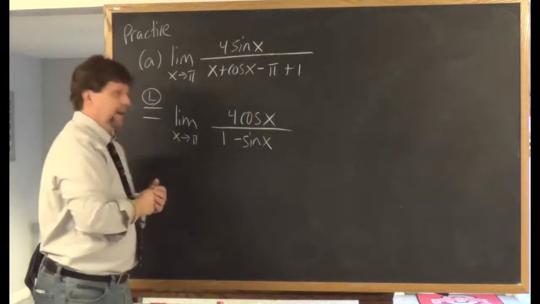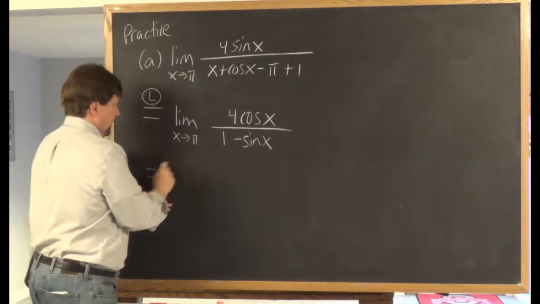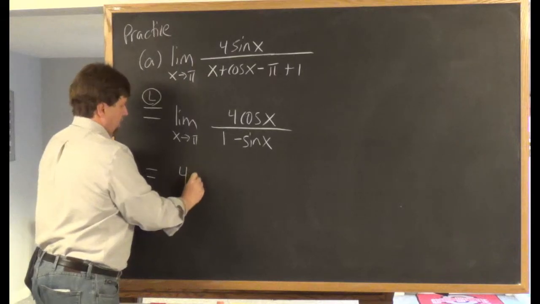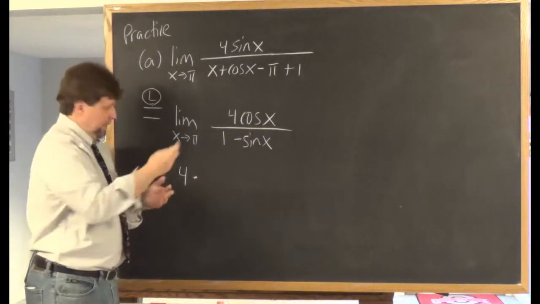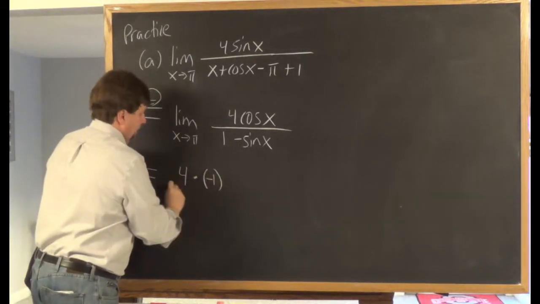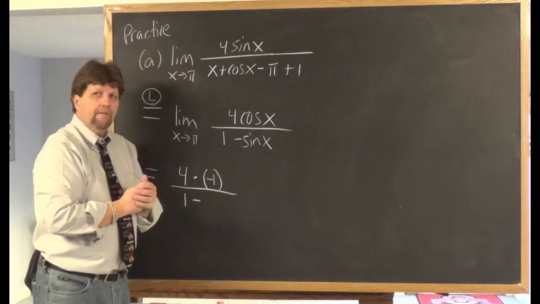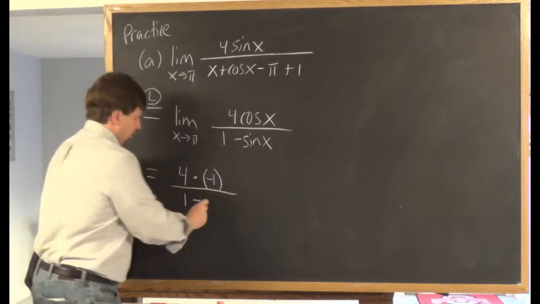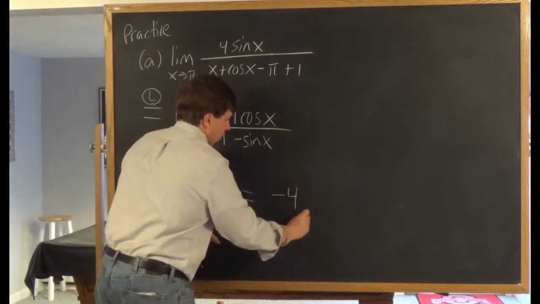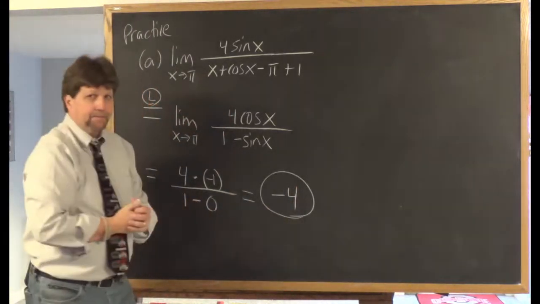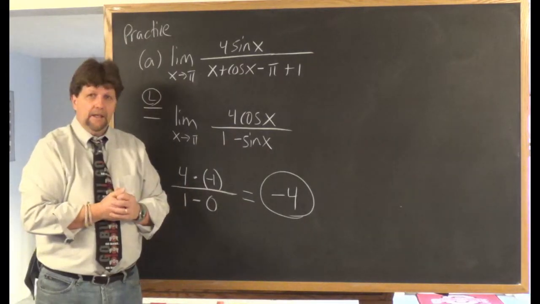Now we try substituting: 4 times cosine of pi, that's negative 1, over 1 minus sine of pi, that's 0. So we get negative 4 as the limit. I hope you got negative 4.